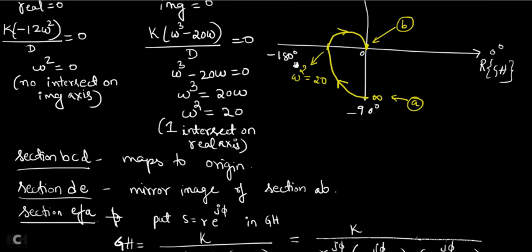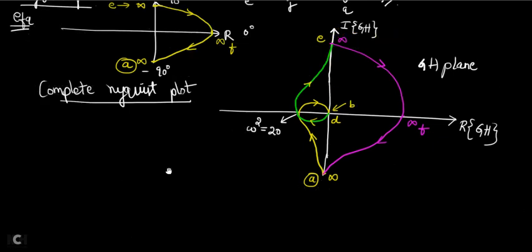Yeah, at this intersection point omega square is 20. That is important for us to do the next calculation. We don't know where minus 1 is coming. Do we know where minus 1 is? We don't know. For that we have to calculate what this point is, then only we will understand whether minus 1 comes this side or this side.